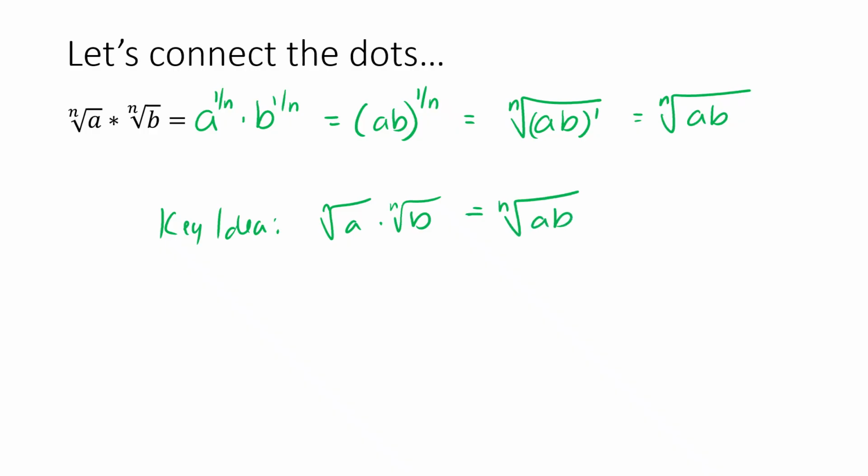Now you've seen the dots connected, and you can also see why I wanted to detour and do that lesson on rational exponents first before we tackled multiplication, because it gives us the tools we need to make sense out of the rule, and we're not just trying to memorize a rule because your teacher or some total stranger on the internet just told you that that's what the rule was.